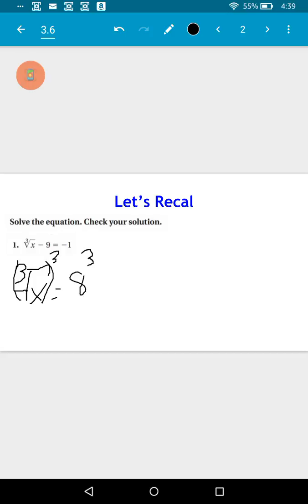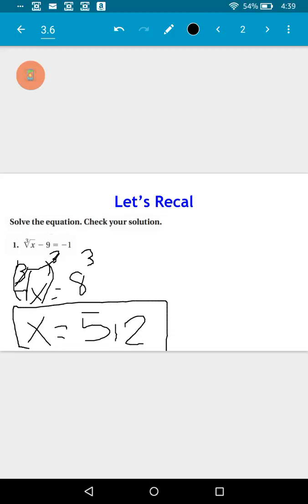So these cancel out, you're left with x. 8 to the third power is 8 times 8, which is 64, times 8, which is 512. That's how we get that answer.